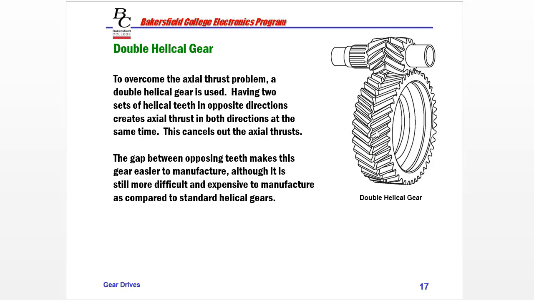So we have a gap between these gears, between the teeth, and it makes the gear easier to manufacture, although it's more difficult and expensive as compared to a standard helical gear. So both of these rotating cancels out the axial thrust. One is pushing in one direction while the other in the opposite direction.